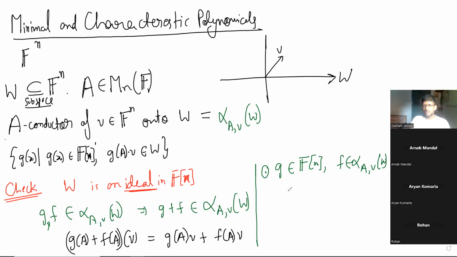So we should try to check that this product is also in W. So what do we have to do? You have to just check that if this is in this, this polynomial evaluated at A, when this matrix acts on v, is it in W?